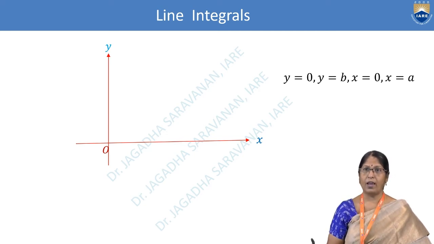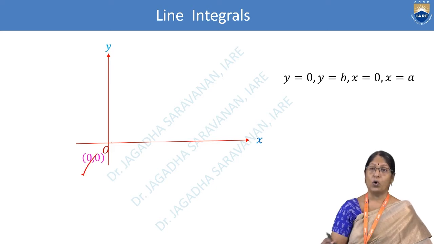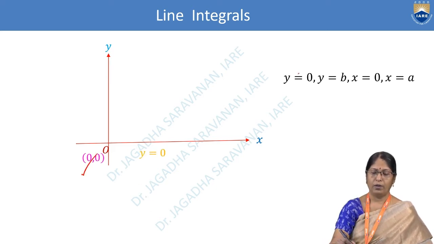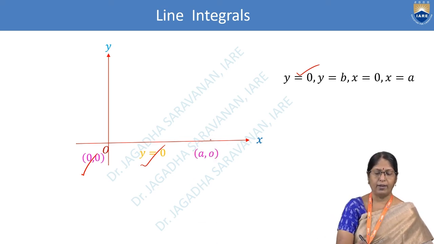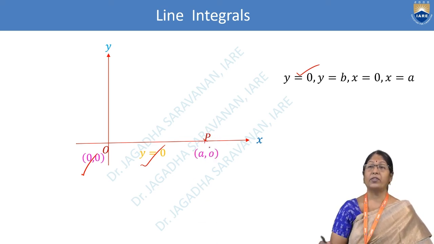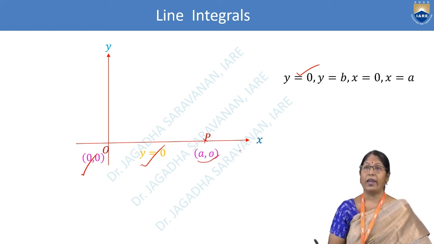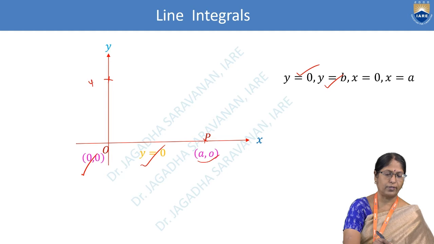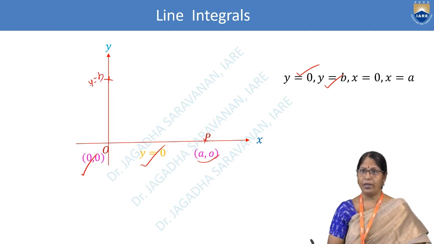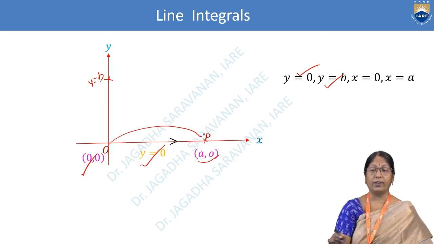Now we can see these animations. The origin, y equal to 0. The particle touches the x-axis at the point P, at the coordinate a comma 0, and y equal to b cuts the y-axis at the point b. This is the direction taken for OP.